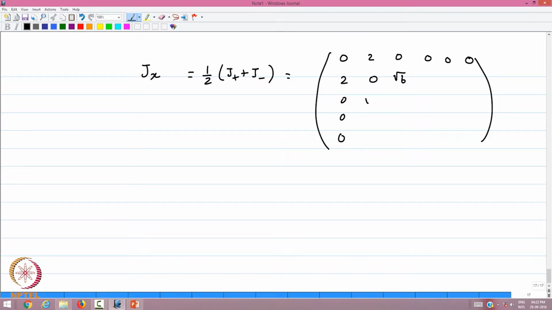So, you will have 2 0 root 6 here 0 0 0, and this element is root 6 0 0, therefore it is Hermitian, the transpose of that will be root 6 0, and this will be 0, and this is 2.